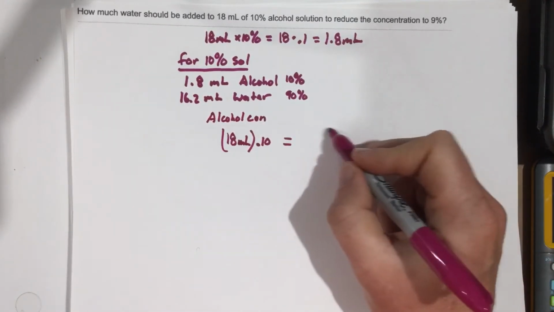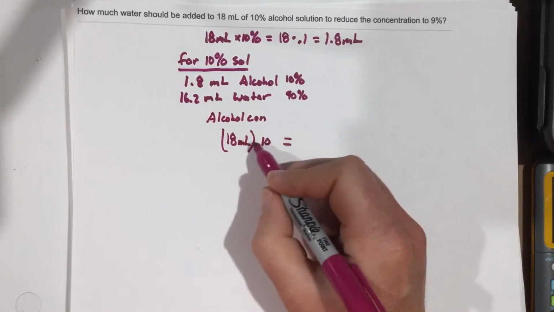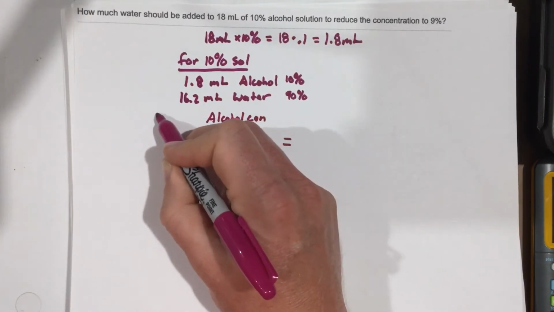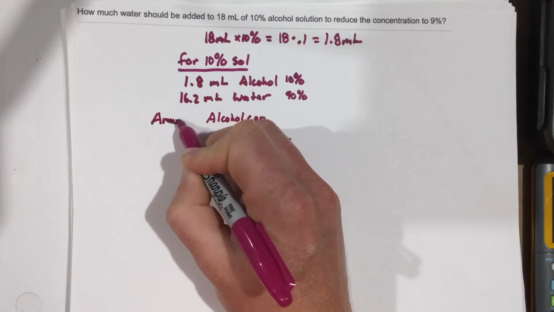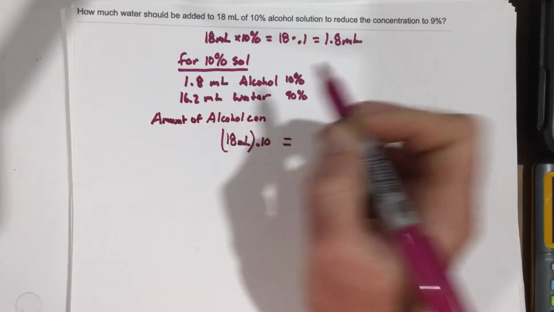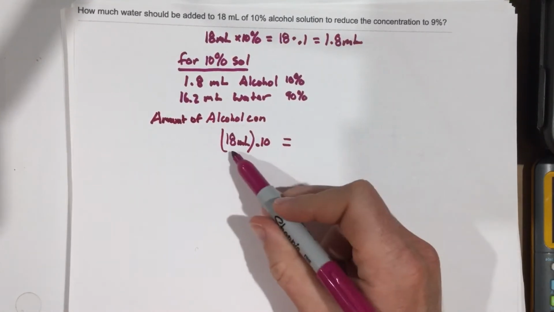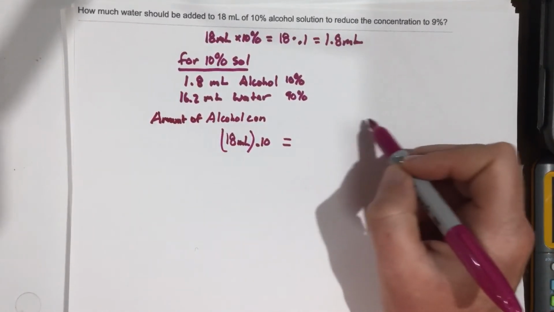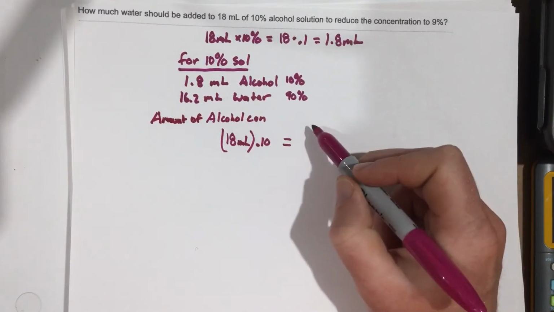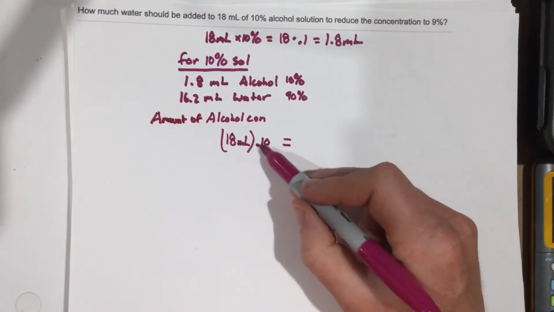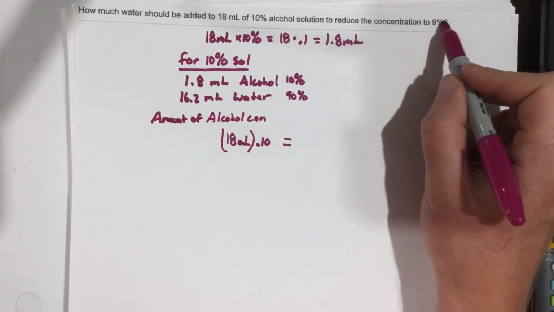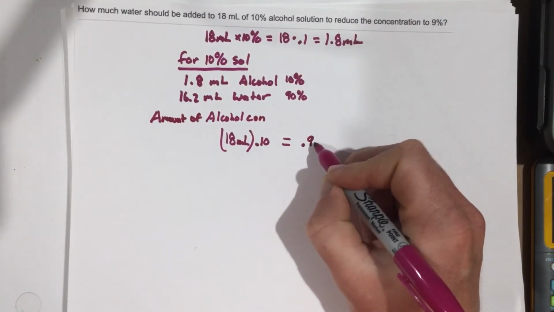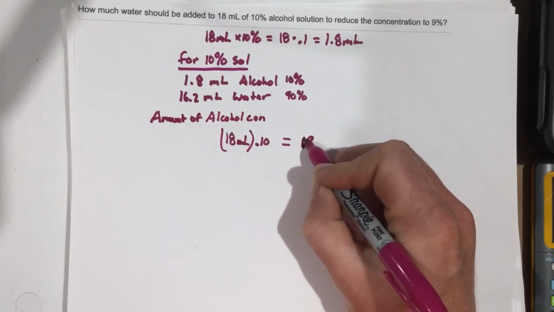Now on this side, this is the amount of alcohol. So this will give you 1.8, which is the amount of alcohol. On this side, we're going to get the same amount of alcohol, but instead of multiplying 18 milliliters times 0.10, we're going to take 9% and multiply it, so 0.09.